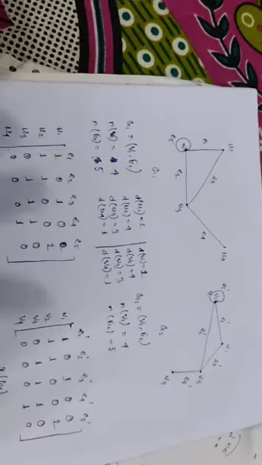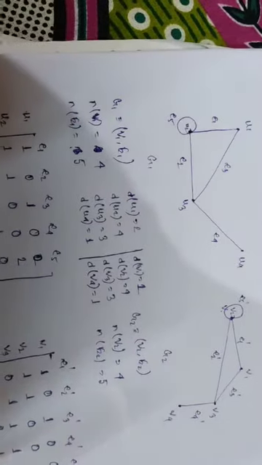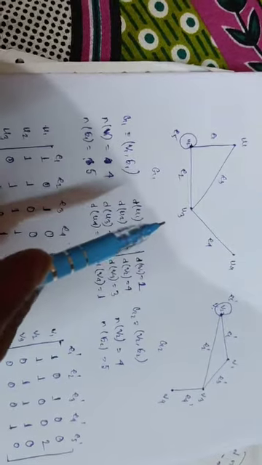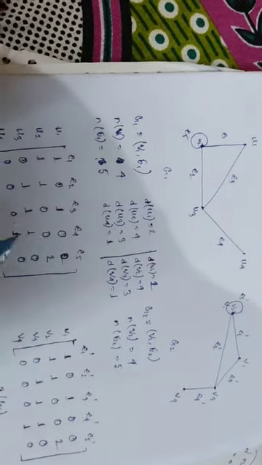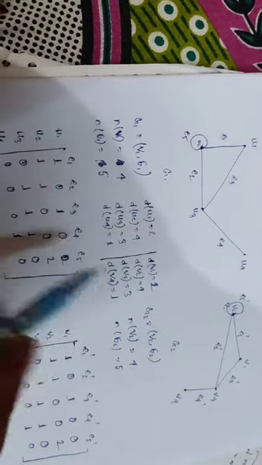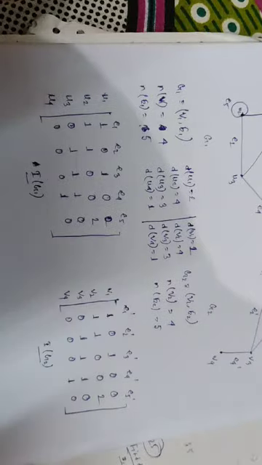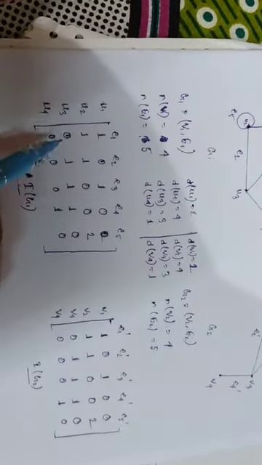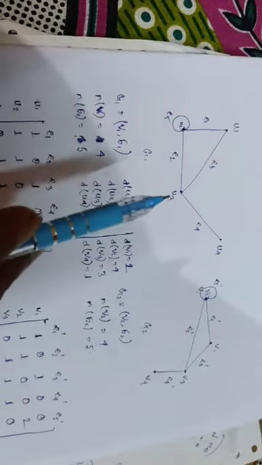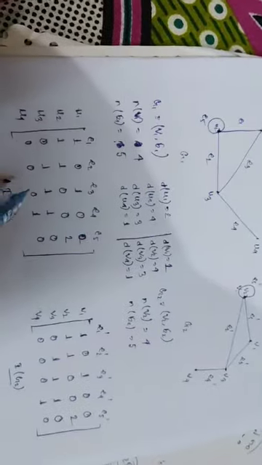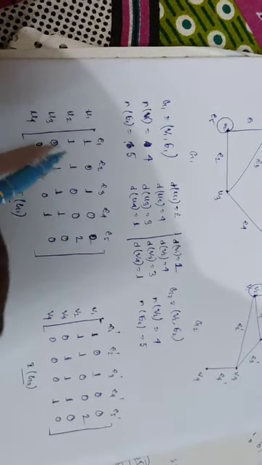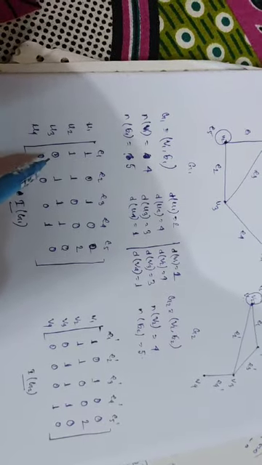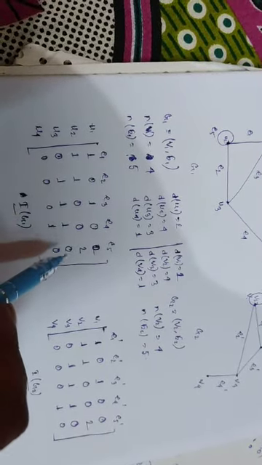Similarly, now check for U3. U3 is connected with E2, E3 and E4, and there is no connection with E1 and E5. So here we put in place of E1 0, E2 1, E3 1, E4 1 and E5 0.